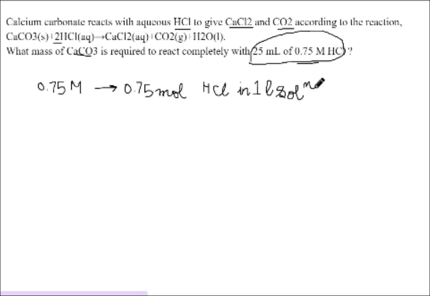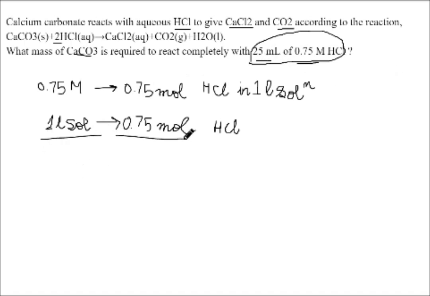Now, if you write it just in the opposite way, you will get that 1 liter of the solution gives you 0.75 moles. So now you have been provided with the volume, which is 25 ml. So now 1 liter of solution contains 0.75 mole hydrochloric acid.